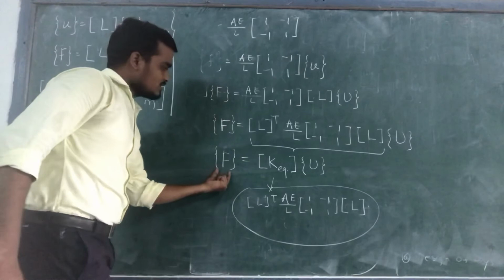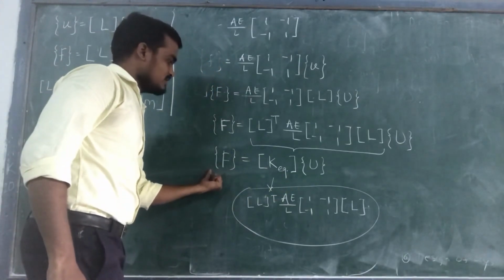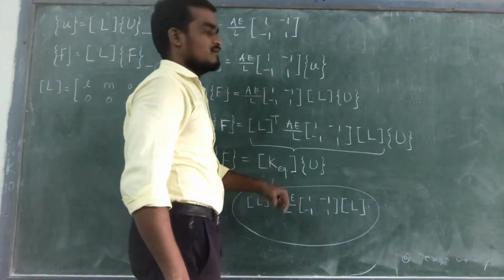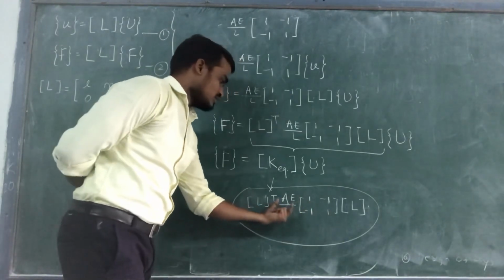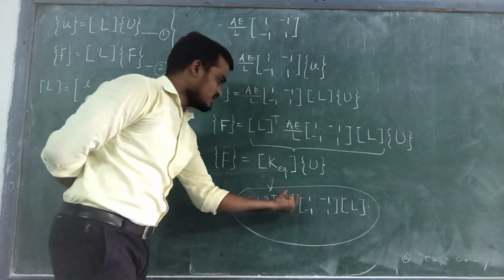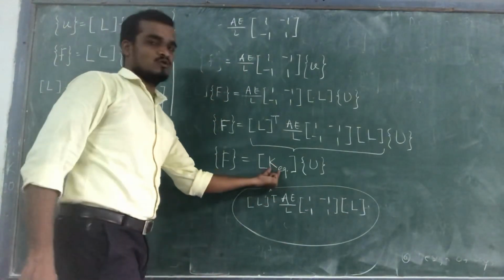Similar to our bar element, our new equation will come out. For this new equation only the global stiffness matrix is different, because we need to do multiplications of these two or three matrices, then you will get the global stiffness matrix.